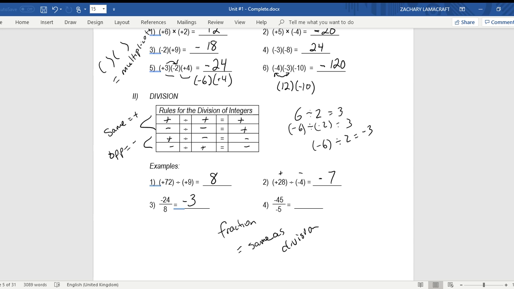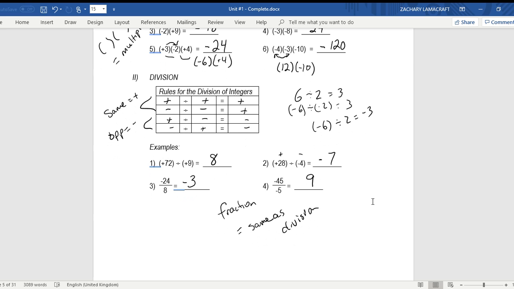All right. And the last one, we then have two negative numbers. So we know if we have two negative numbers, it is going to be positive, and negative 45 divided by negative 5 is positive 9.